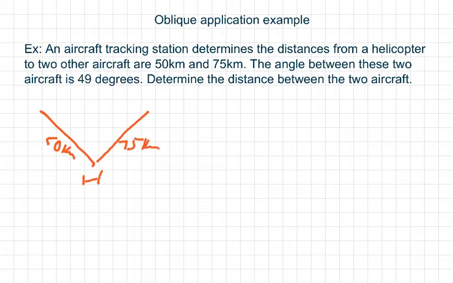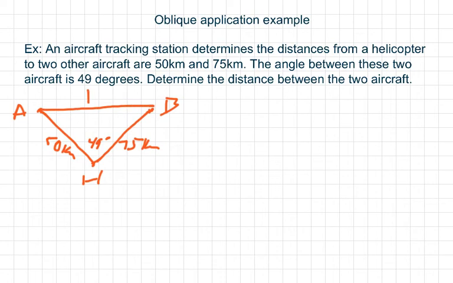It doesn't really matter what we call these. We can call them A and B for that matter. Aircraft A, aircraft B. And the angle between these aircraft is 49 degrees.